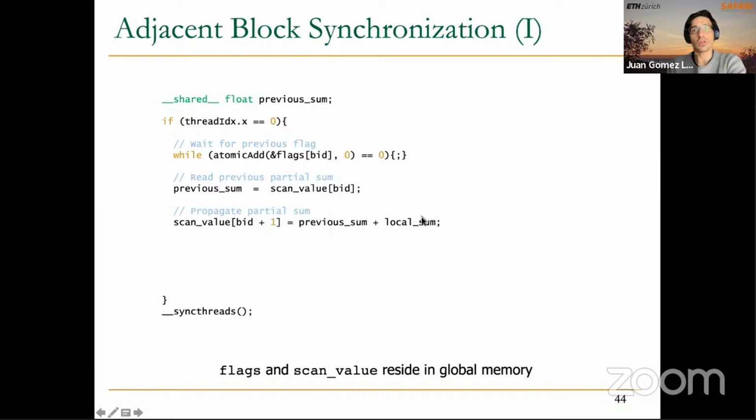to propagate the partial sum, to perform the calculation for the scan value. So here we are calculating the corresponding element for the scan of partial sums and storing it again in scan value, in the corresponding position BID plus 1. Observe that this BID in this code represents the block ID. So thread 0 that belongs to a certain block with index BID is checking the flag that corresponds to its own block.